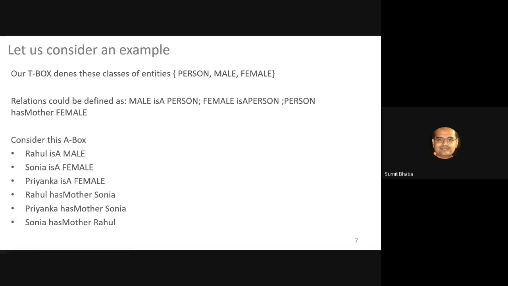This is what is called consistency checking in knowledge bases. I'm sure the other lectures on semantic web and ontologies and related topics will cover these things, but that's one practical use case. Any questions till this point?